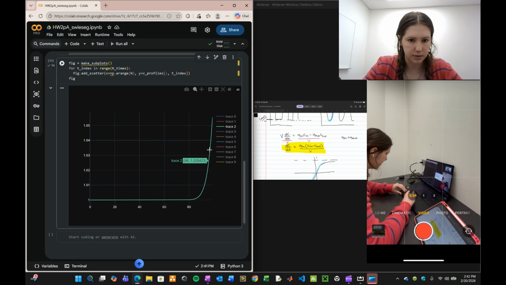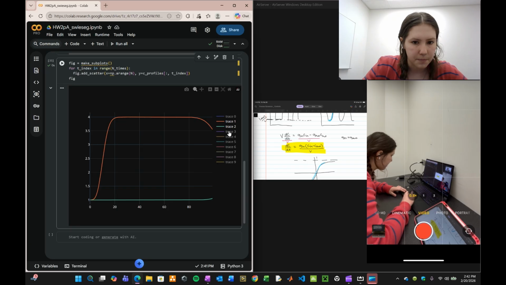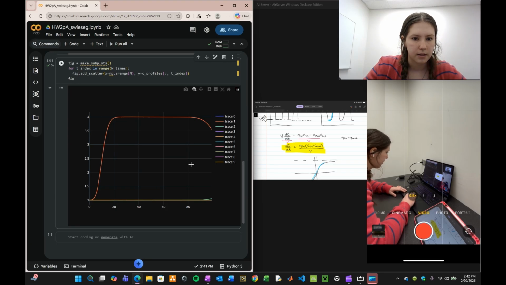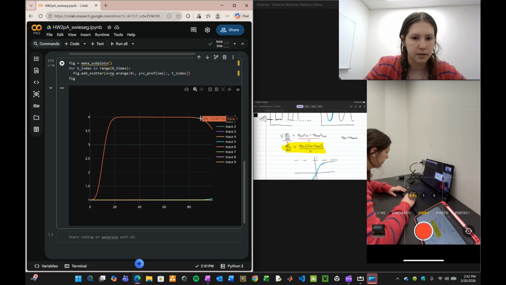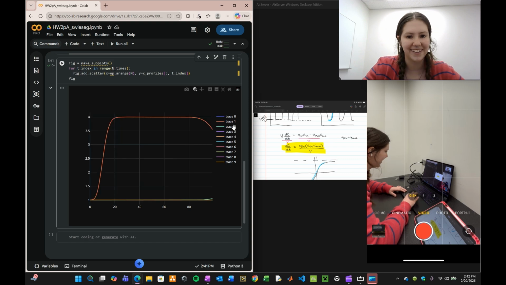So we can see it increases over here. How do I? There we go. And we can see, zoom out here. Maybe not. So we can see that as this starts to decrease, this is starting to increase.